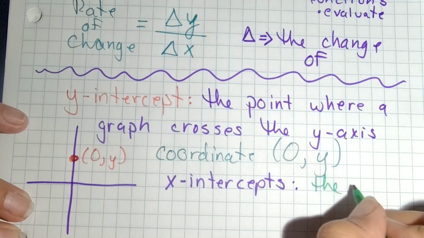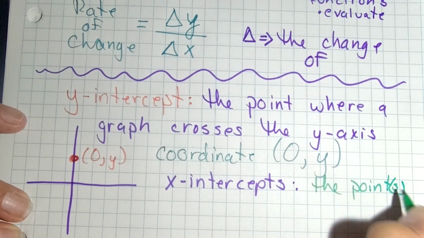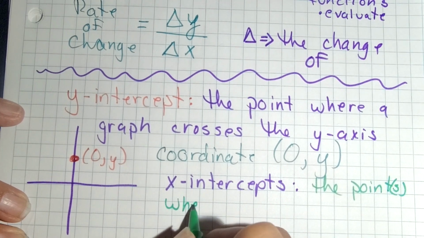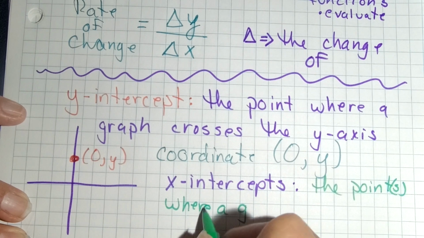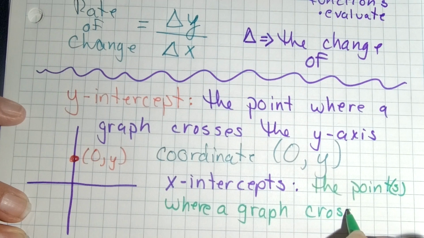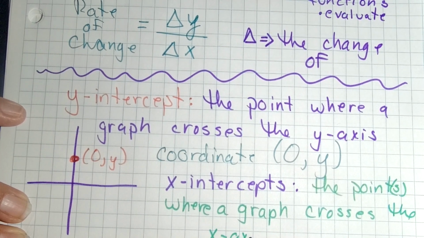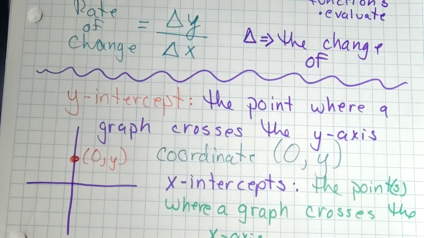The x-intercept is the point or points. We can have multiple on the x where a graph crosses the x-axis.